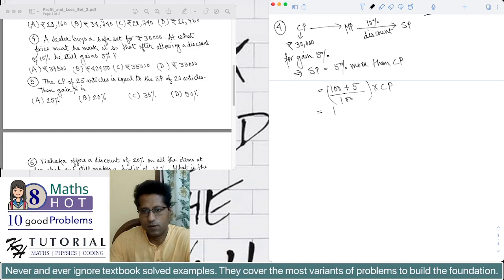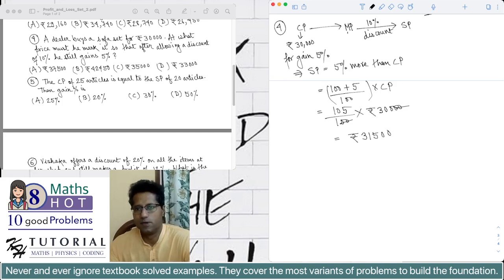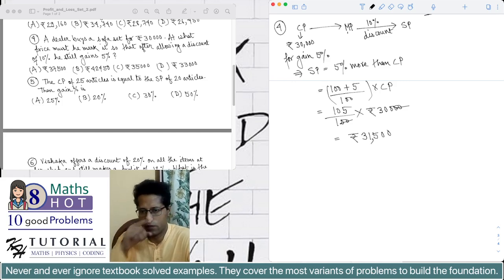This is equal to 105 divided by 100 multiplied by CP, which is given to be 30,000. Okay, 0 cancels, and this is equal to rupees 31500. This is the selling price, final selling price. That is after the discount of 10% applied on the mark price, we are getting the selling price of rupees 31,500. Now what will be the mark price?